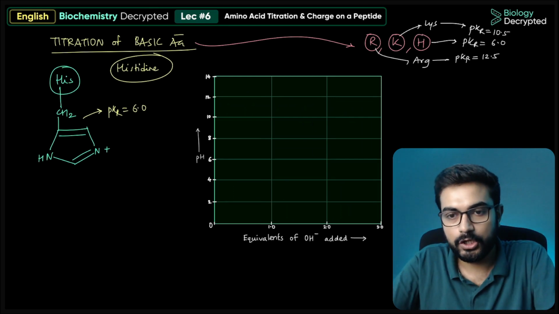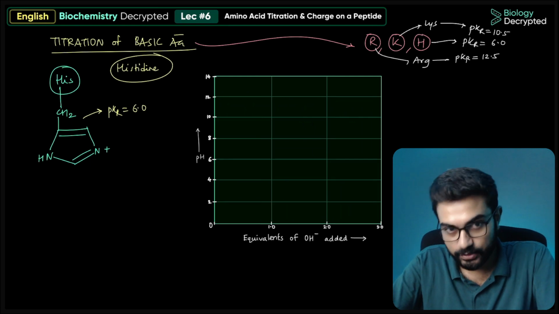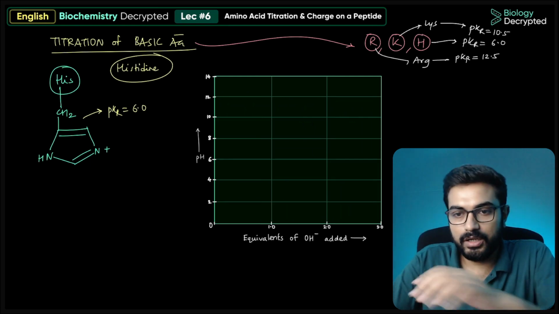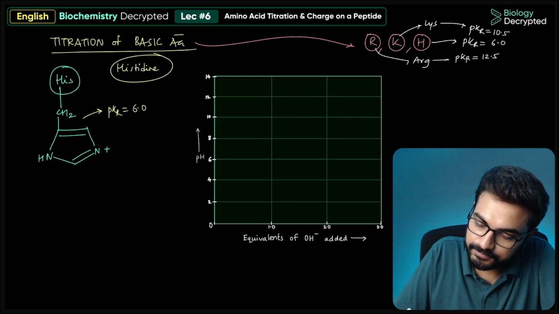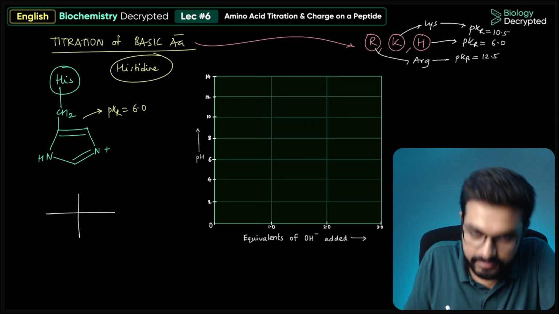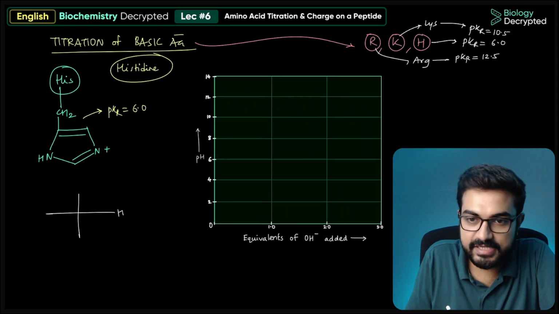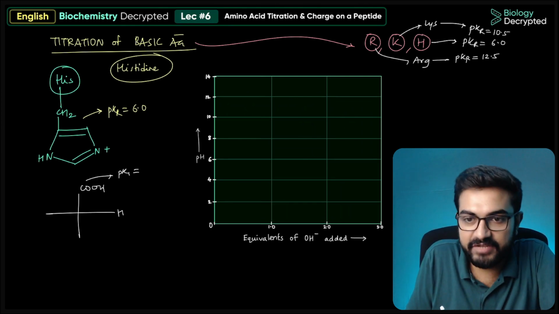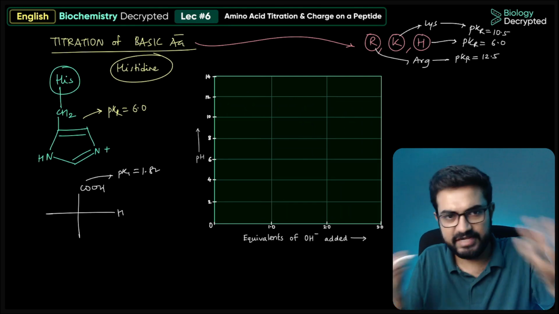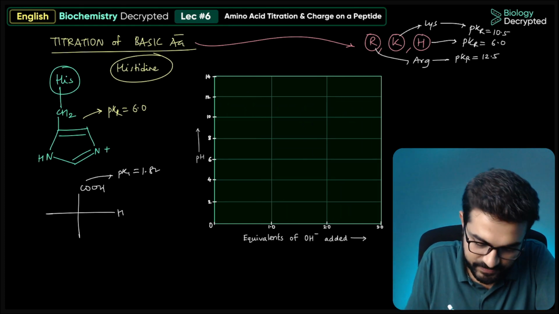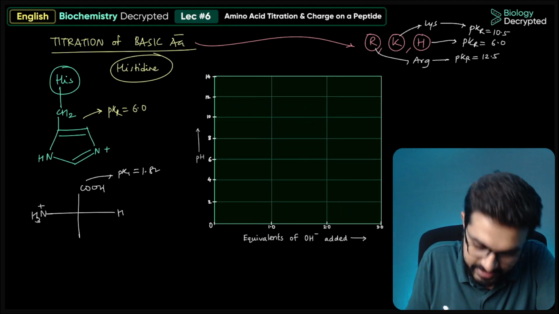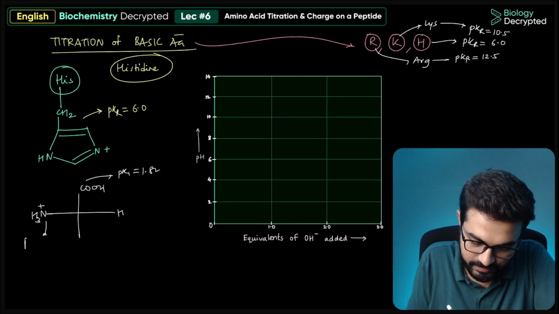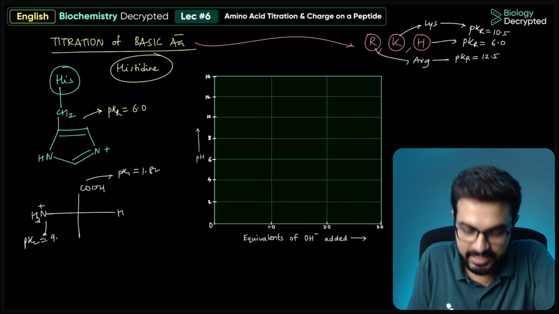We won't be drawing the whole structure, rather we'll just look at the functional groups. If you draw the general structure here, this is H, this is COOH. The pK1 value here will be 1.82; it varies from amino acid to amino acid. This is NH3 plus, and here the pK2 will be 9.17.